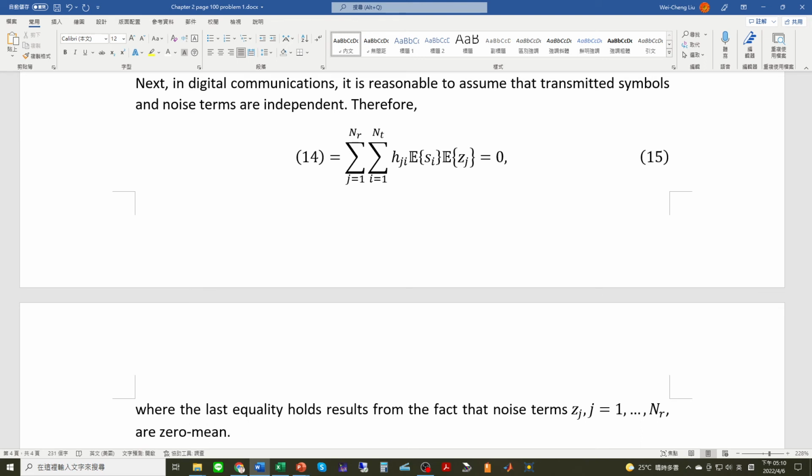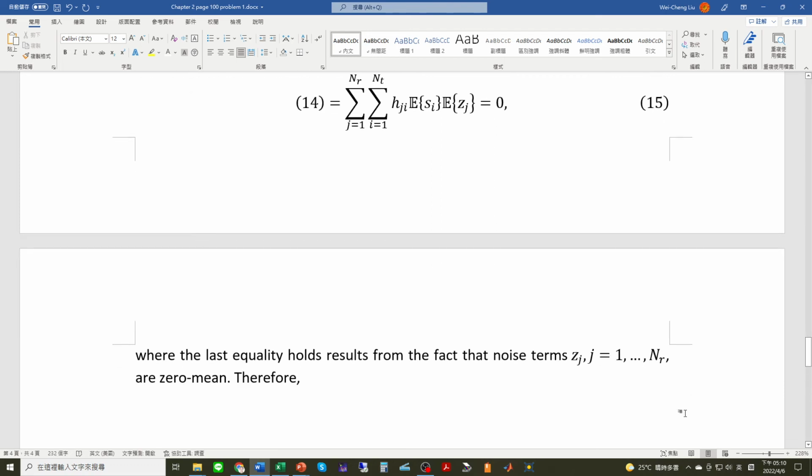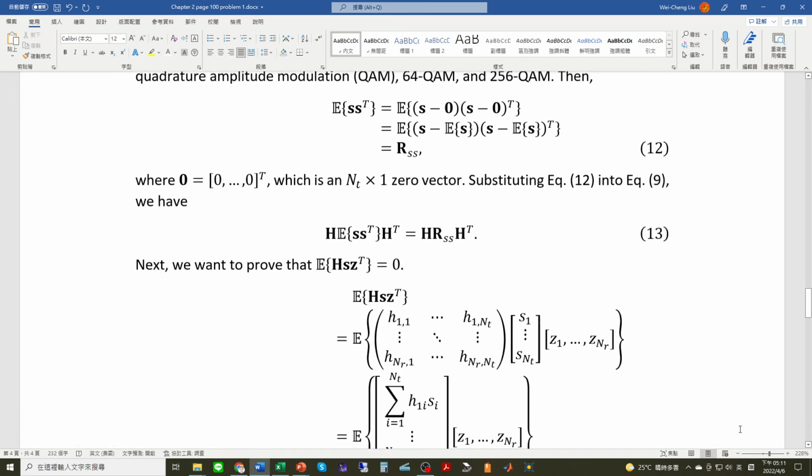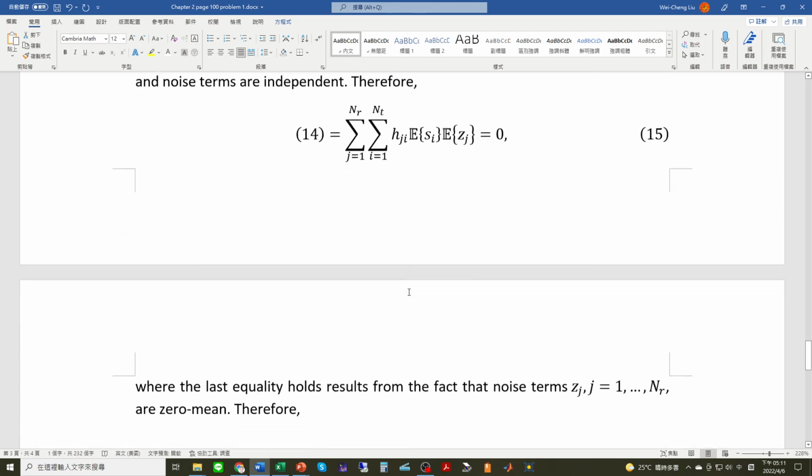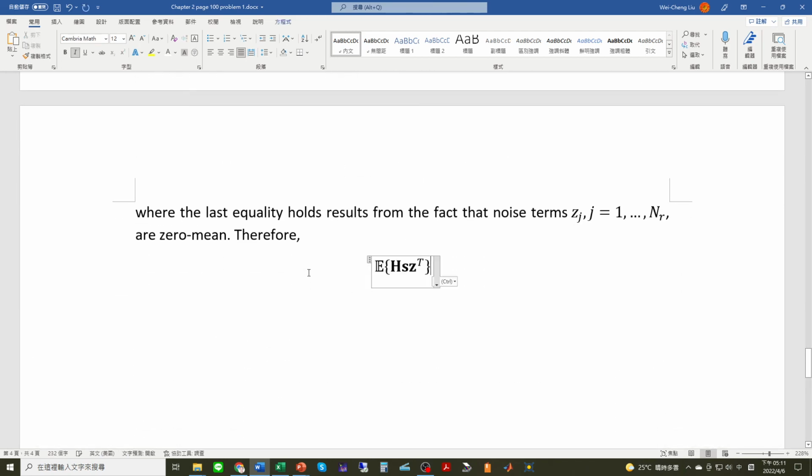Because noise is always 0 mean. Therefore, this term, the expectation of H times S times Z transpose, is equal to 0. This is equation 16.